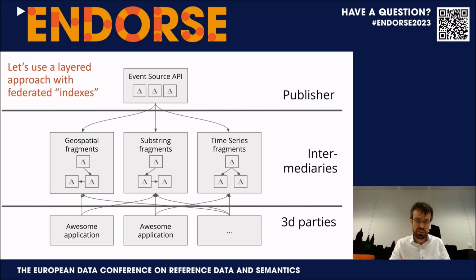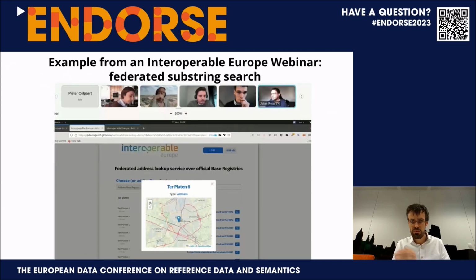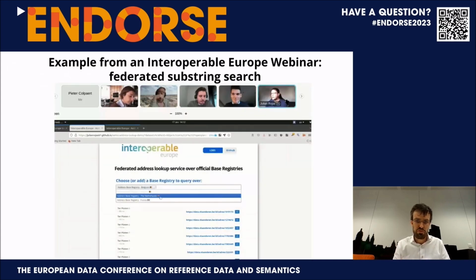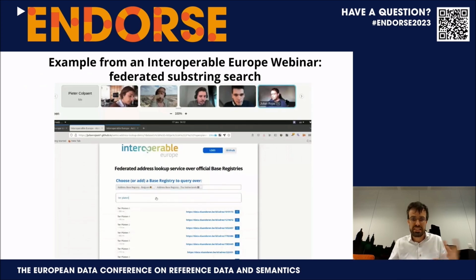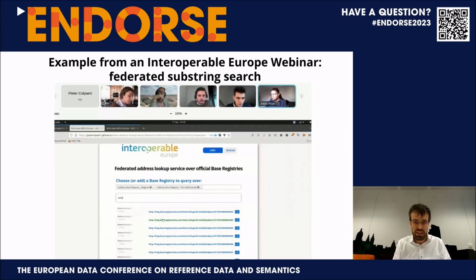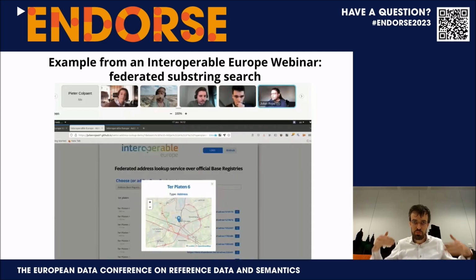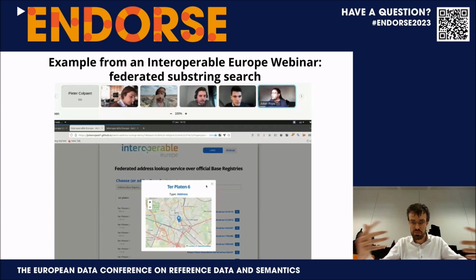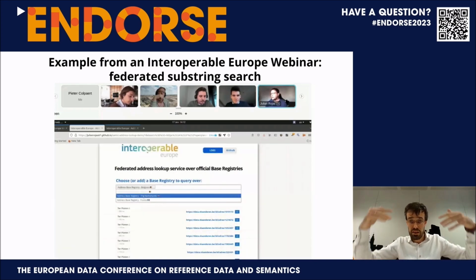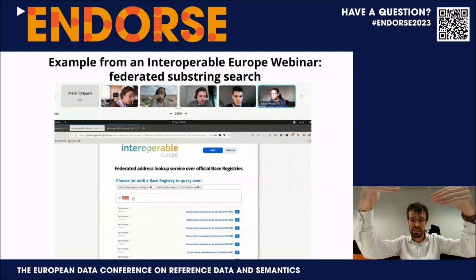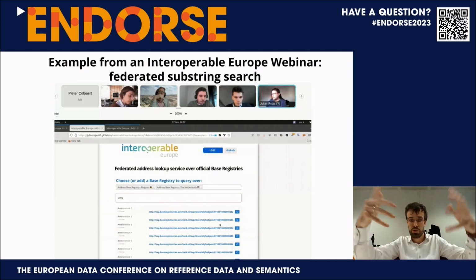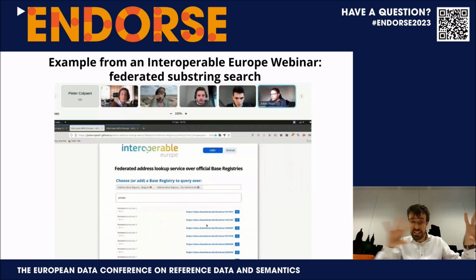So all these different types of fragmentation is really what we're working on right now, and what we're also building tooling for. And one particular example of that is that for auto-completion, in fact, we've been working on or extending a federated address search across the Netherlands, Belgium, and France by first and foremost republishing the data set as a linked data event stream, then taking that event stream, keeping it in sync on intermediary servers that would expose a substring fragmentation of each of them separately.